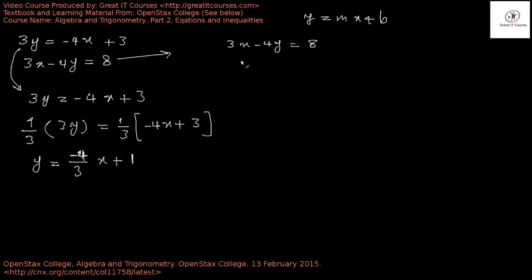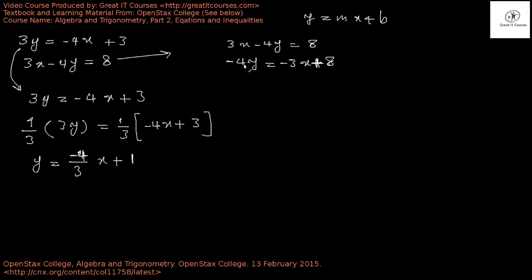So basically minus 4y is equal to minus 3x plus 8. This goes to the other side, becomes minus 3x, and this is plus 8.